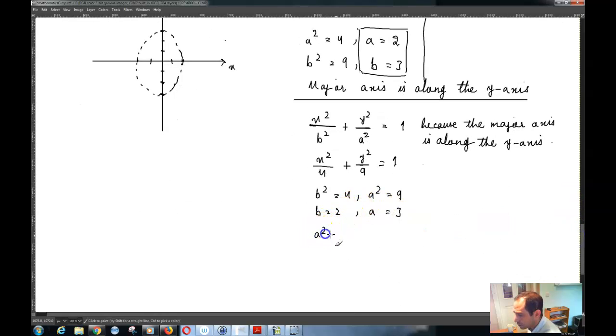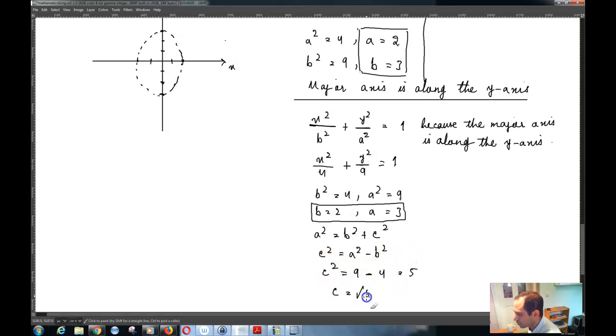I said that a squared is equal to b squared plus c squared, and c squared is equal to a squared minus b squared, which is, with a equal to 3, 3 squared is 9 minus 4, which is equal to 5. So c squared is equal to 5, so c is equal to the square root of 5.